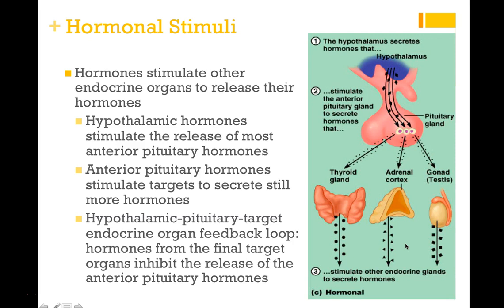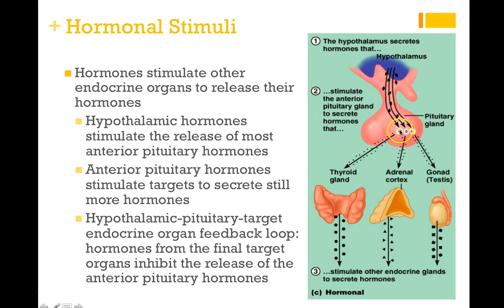The last stimulus we have is a hormonal stimulus. So this means that we are going to have one hormone stimulate another. An example of this, and we will talk through this pathway a little bit more in chapter 18, we will have hormones secreted by the hypothalamus, which will travel down to, in this example, the anterior pituitary gland.